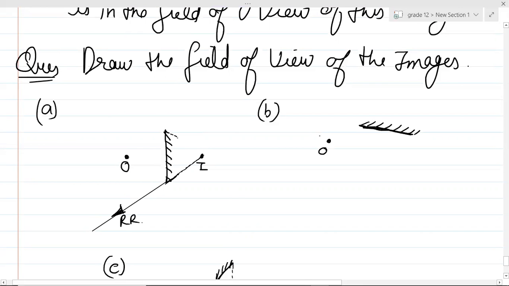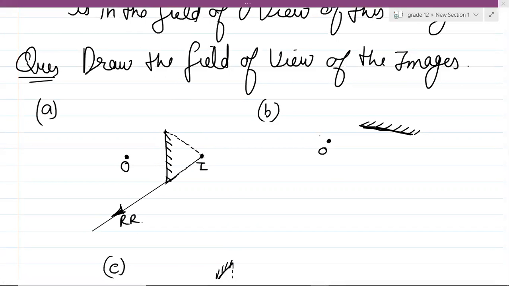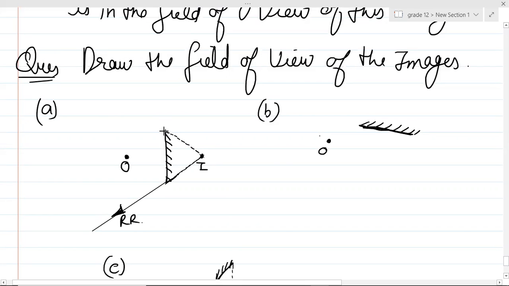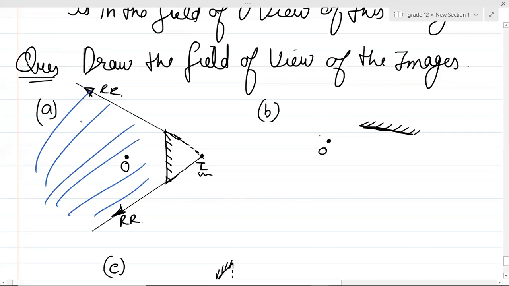And similarly, will there be a reflected ray like this as well? Yes or no? I'm not drawing the incident rays, guys. If you want, I can draw the incident rays. Is it fine? Yes, sir. So basically, where is the field of view of this image? Any observer who is over here will be able to see this image, right?